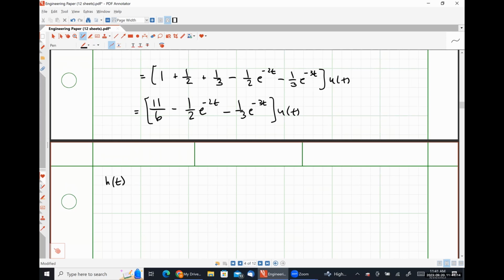So let's say that h of t was e to the negative t u of t, and x of t was sine 3t u of t.